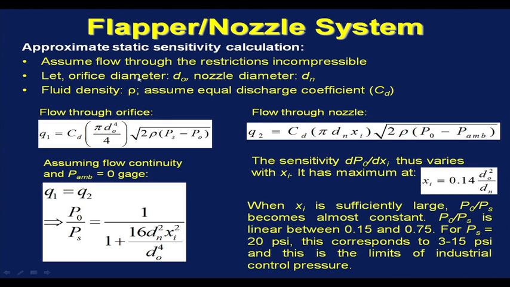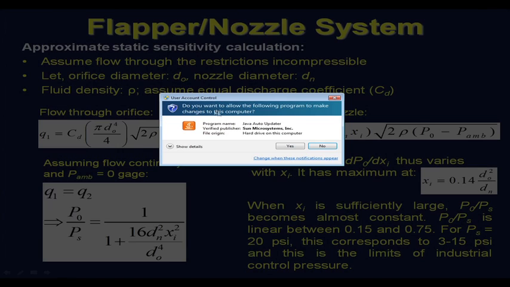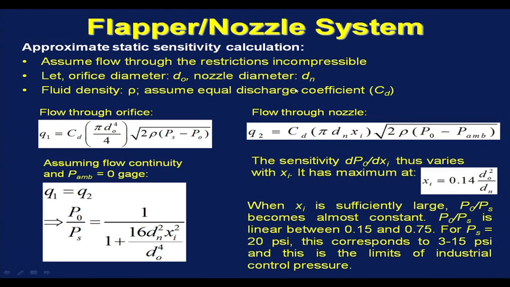Let the orifice diameter be represented by DO and the nozzle diameter be represented by DN. We represent fluid density by rho and we assume that the discharge coefficient for the orifice and the discharge coefficient for the nozzle are the same.